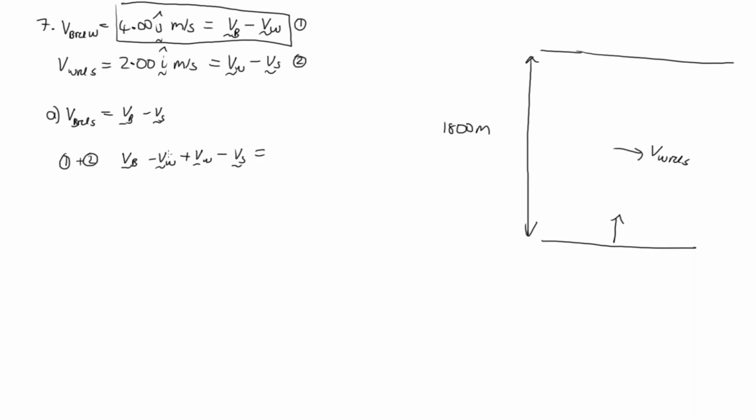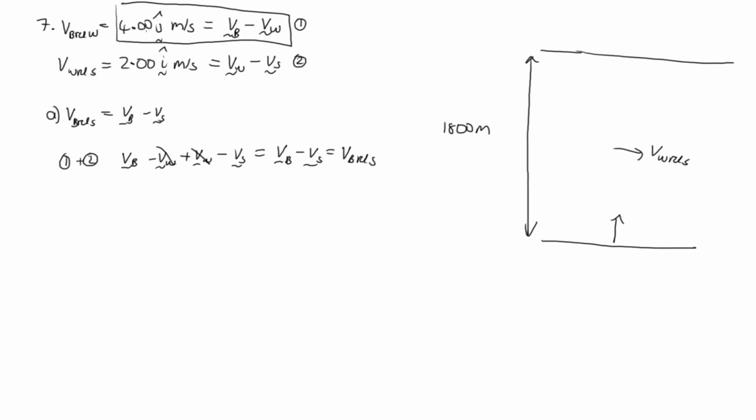Now you can see we've got minus the velocity of the water plus the velocity of the water, so those cancel each other out. So that's equal to the velocity of the boat minus the velocity of the shore, which is just the velocity of the boat relative to the shore, which is what we wanted.